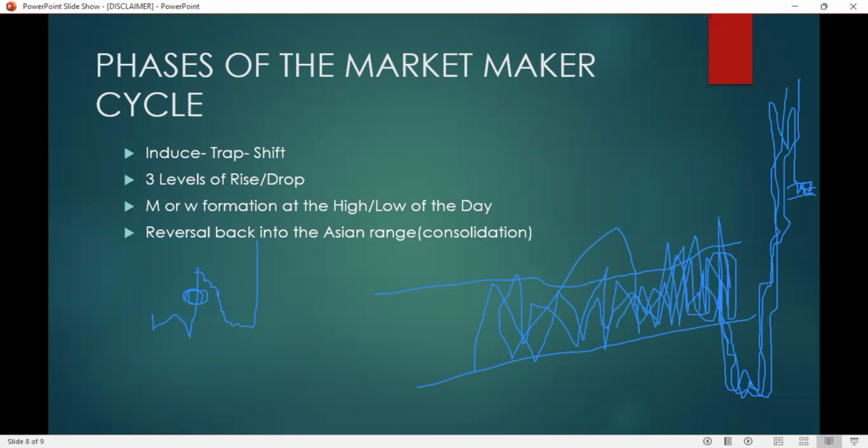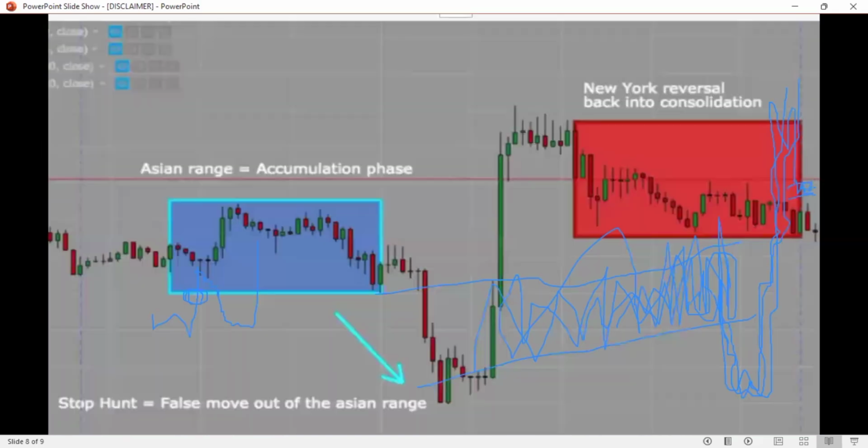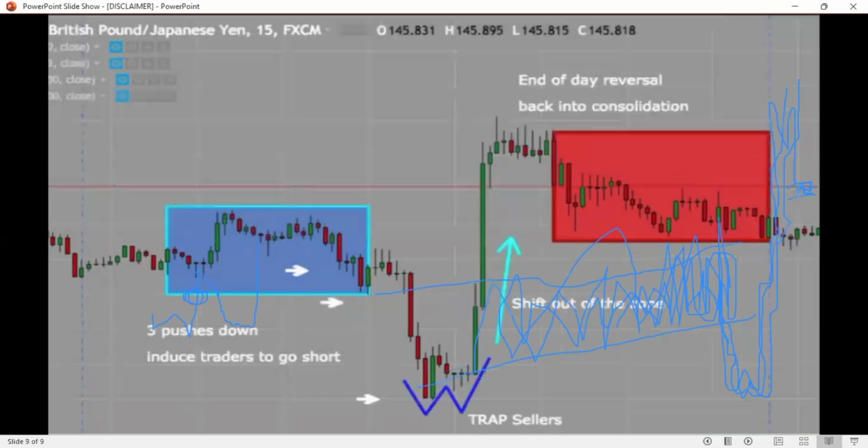Now, if you notice, with this diagram I have been able to explain these phases of the market maker cycle to you. However, I'm going to be going in depth into these things in the next video. These are the phases of the market maker cycle: the accumulation, the stop hunt, the trend move, and the reversal back into consolidation.